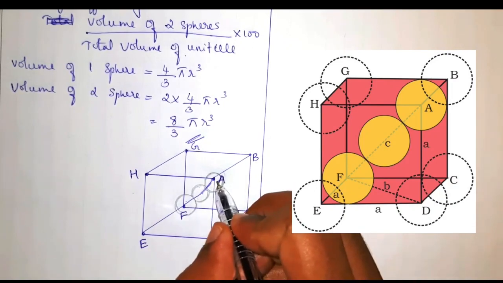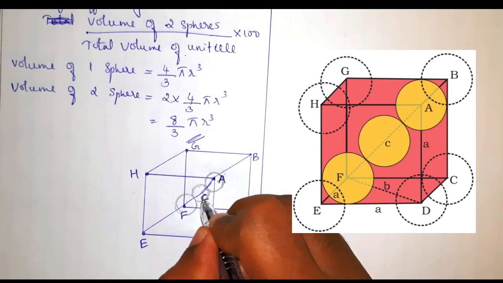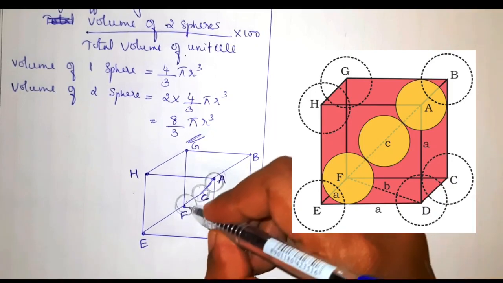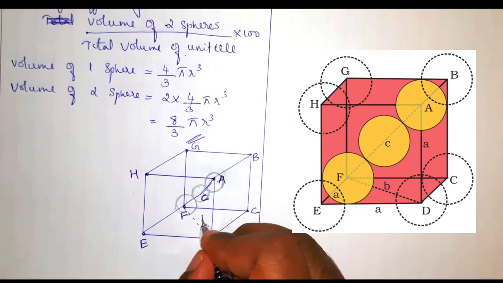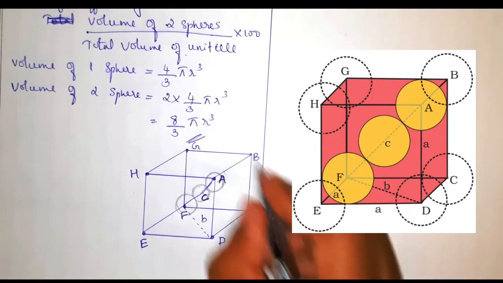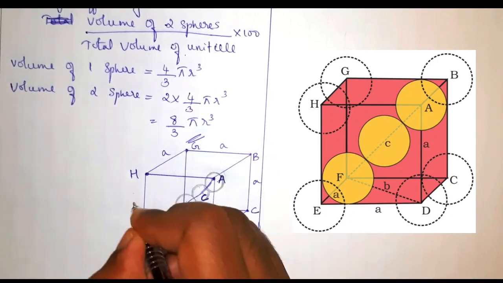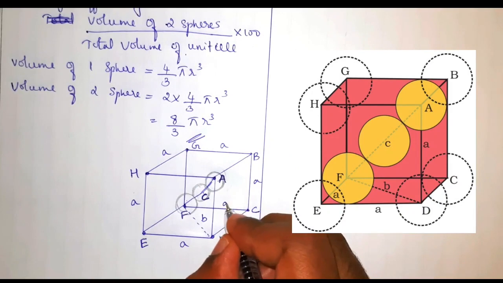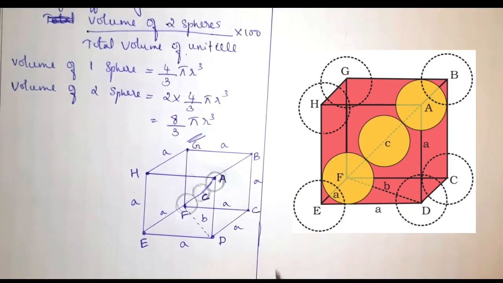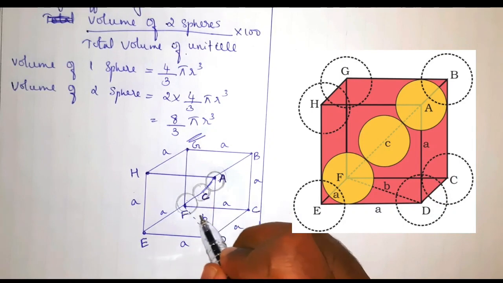Now you got a diagonal here, you can take it as small c. From here to here you draw another diagonal and take it as small b. All the edge lengths are a.